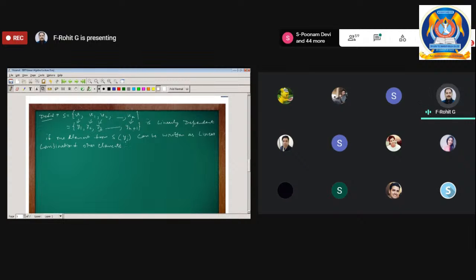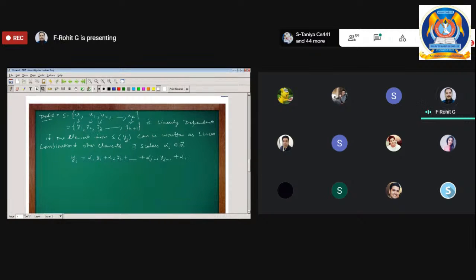So we are taking an element Yj here, and we are going to write Yj as a linear combination of other elements. That means there exist scalars alpha i belonging to R, such that alpha 1 y1 plus alpha 2 y2 and so on. Now Yj is written in the form of the rest of the elements, so I will not write Yj here.